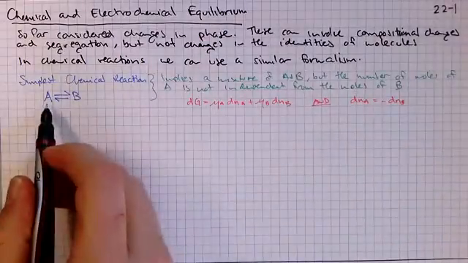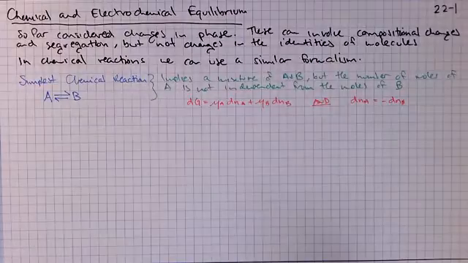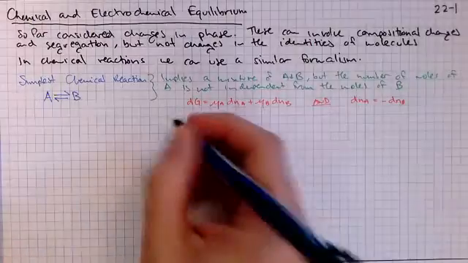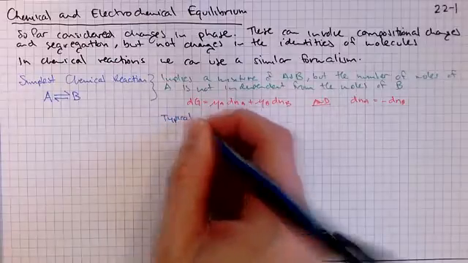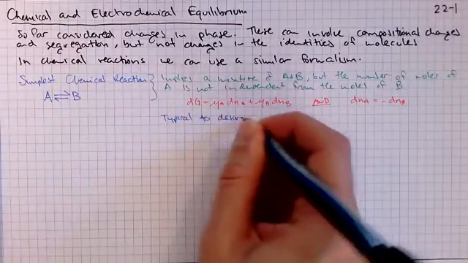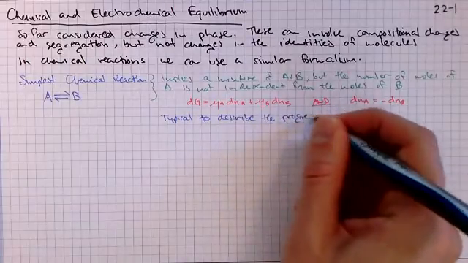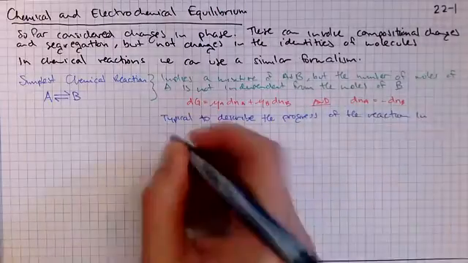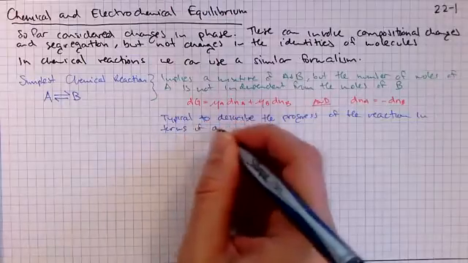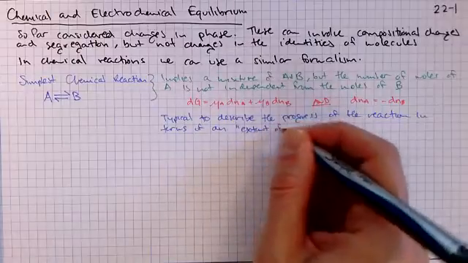Because if we convert a certain number of moles of A to B, we lose a certain number of moles of A and gain the comparable number of moles of B. So it's typical to describe the progress of the reaction in terms of an extent of reaction.